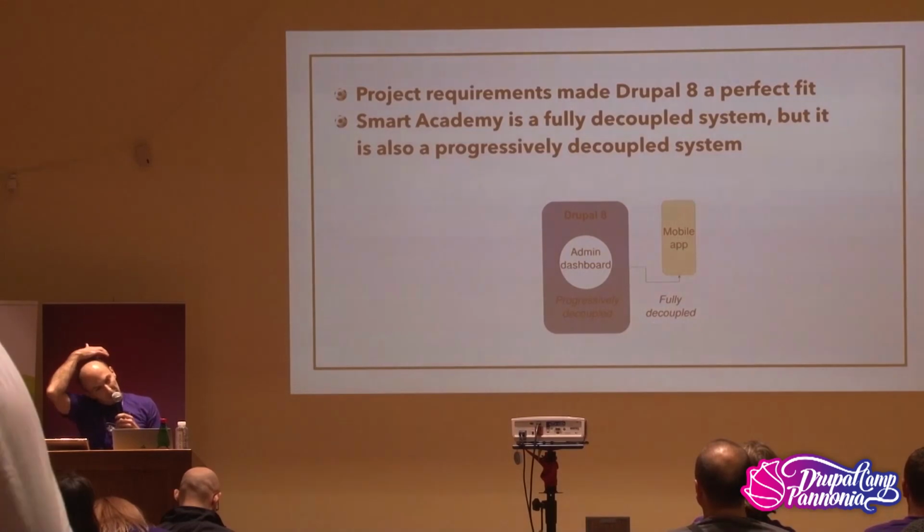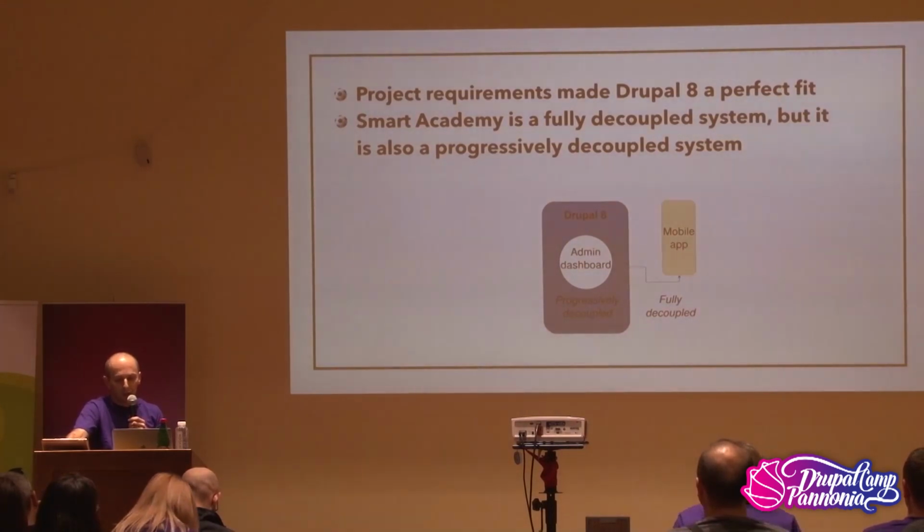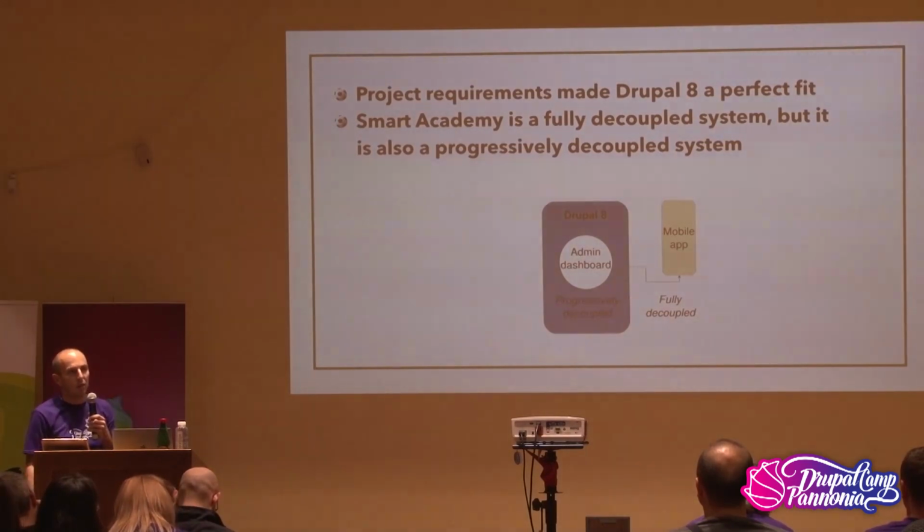So, as you can see on the chart, Smart Academy is a fully decoupled system, but it is also a progressively decoupled system. What does this mean? As you can see on the picture, the mobile application that students are using is fully decoupled. This is an Android application that is installed on tablets, so it has to be fully decoupled from Drupal.